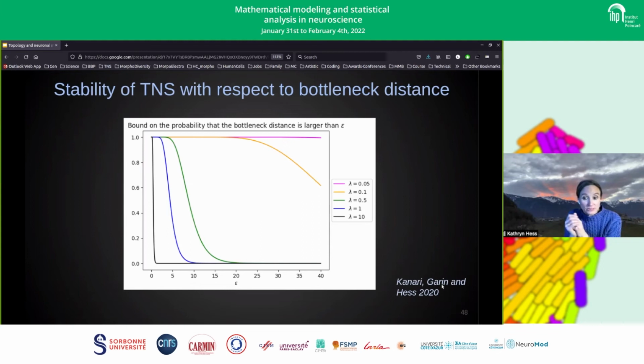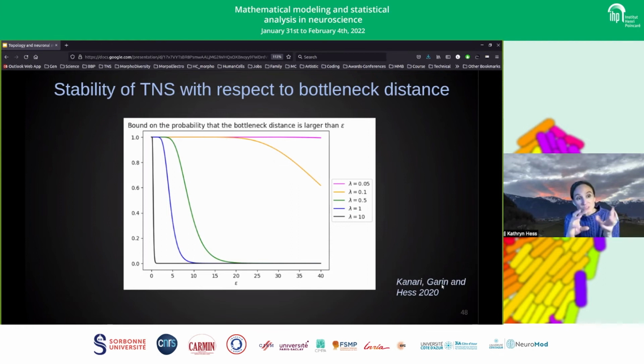And so if we focus here on the case when lambda is 1, then we're looking in this plot at the probability that the bottleneck distance between the two barcodes, the one you started with and the one you created by doing topological neuron synthesis and coming back down, is greater than epsilon. So when epsilon is very large, in the case when lambda is 1, which is the blue curve here, we see that the probability that the bottleneck distance is larger than epsilon is actually very small until you start getting to small distance with epsilon.